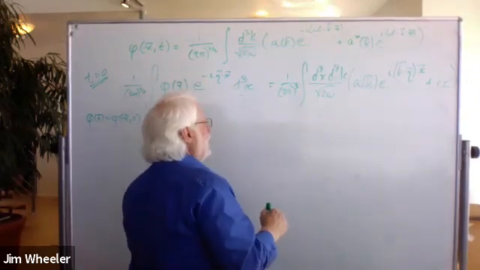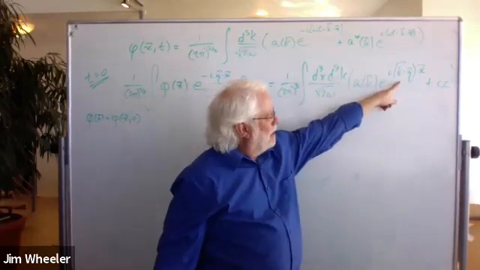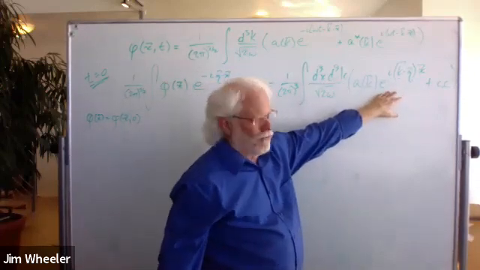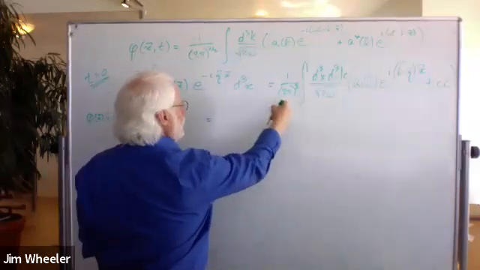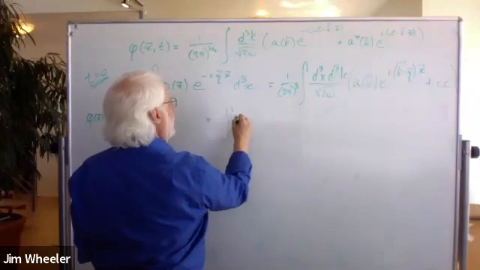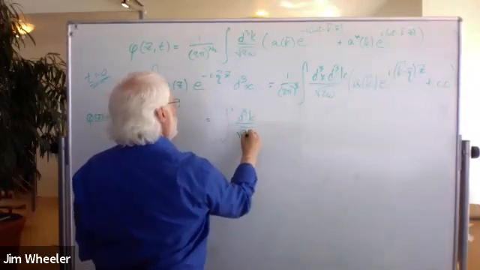Okay, so we interchange the order of integration here. Now we're integrating this pure Fourier mode, and that gives us 2 pi times the delta function, so it cancels this coefficient, and we're left with d3k over root 2 omega.